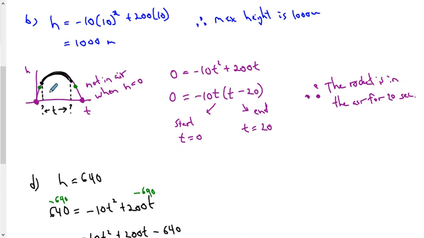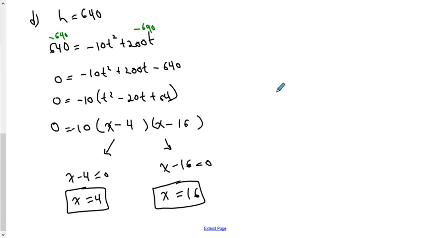That means the rocket gets up to 640 meters at 4 seconds. And it does it again as it comes back down at 16 seconds. So what's the difference between those two? Well, the difference between those two is going to be 12 seconds. So we'll say, okay, therefore, the rocket first reaches 640 meters after 4 seconds.